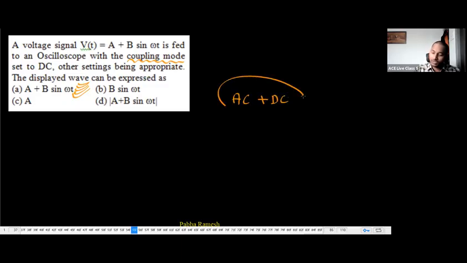DC is coupled. So AC plus DC operation. But in the last option, it is given as magnitude. Does it give the waveform or does it give the magnitude? It will give the waveform, not the magnitude. Magnitude we will measure by counting the divisions. That is the reason why the last option is not correct. Only the first option. Clear?